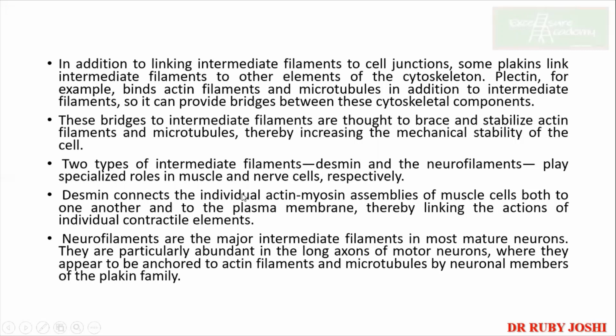Now, two types of intermediate filaments called desmin and the neurofilaments play specialized roles in muscle and nerve cells. We have discussed this too. Desmin, which is present in the muscle, connects the individual actin-myosin assemblies of the muscles both to one another and to the plasma membrane, thereby linking the actions of the individual contractile elements.